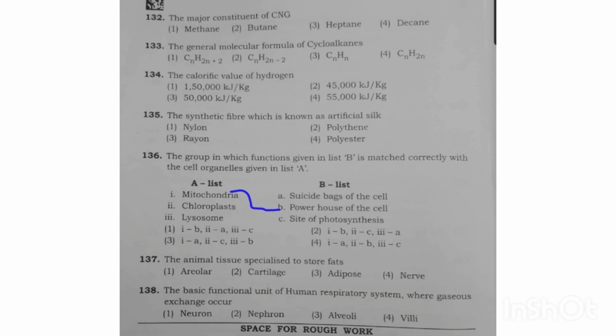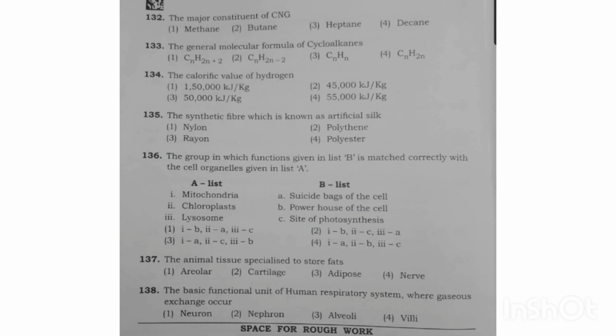Chloroplast is the site of photosynthesis. Lysosome, as we already know, is the suicide bag. So for this one is B, second one is C, third one is A. So option 2 is the correct answer.